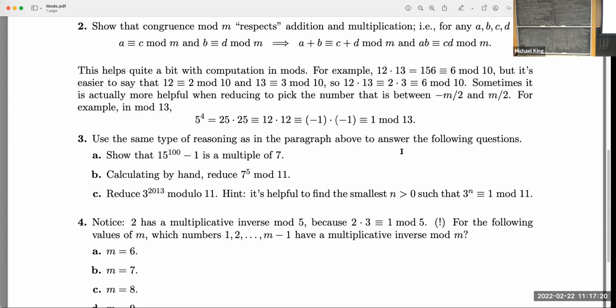So what's the remainder? 2. This is 2 more than 33. So now you just showed 7 cubed is 2 mod 11. And so you can do the same thing with 7 to the 4th, right? You can sort of continue. Does that make sense? Oh, 2 times 7, yeah. Yes.